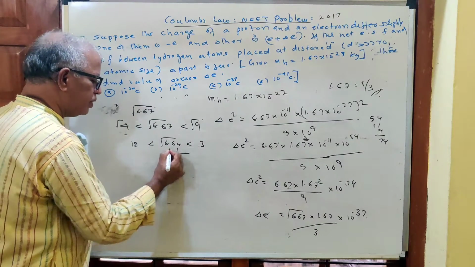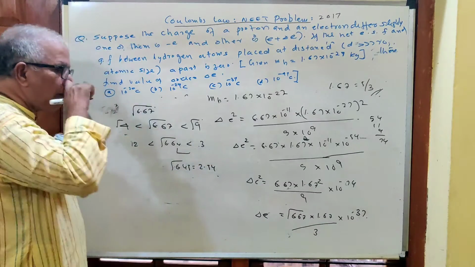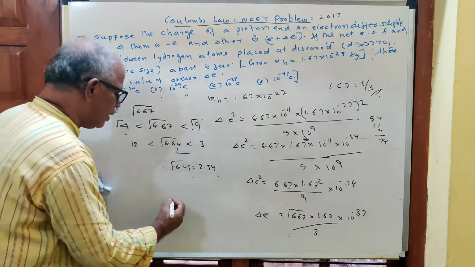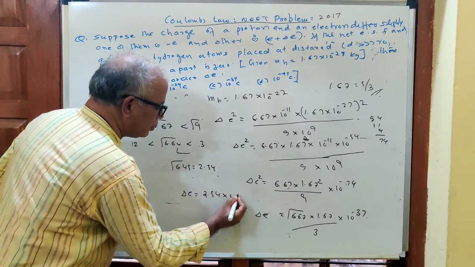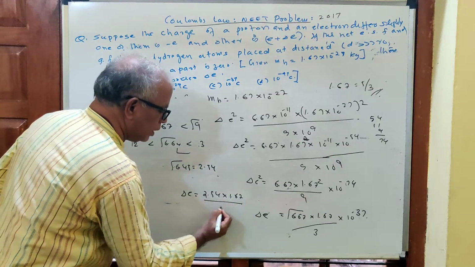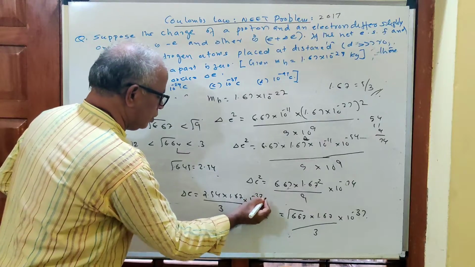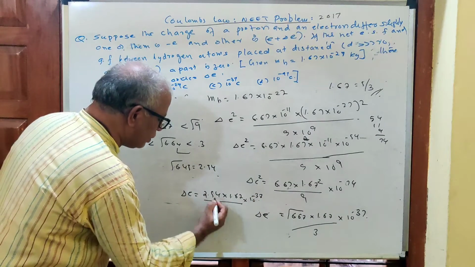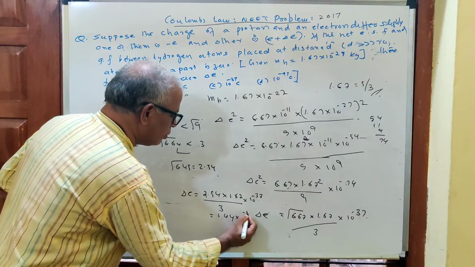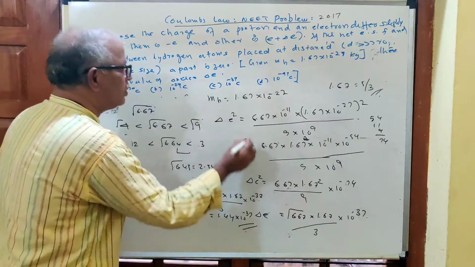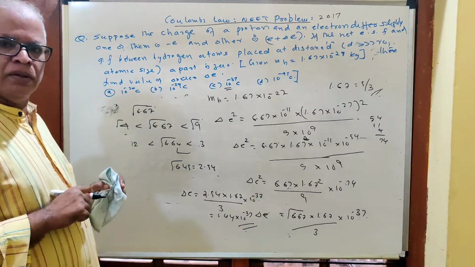So the root is about 2.54. So delta e is equal to 2.54 into 1.67 divided by 3 into 10 to the power minus 37. Complete the calculation and you get something like 1.44 into 10 raised to minus 34. So the order is 10 raised to minus 34.